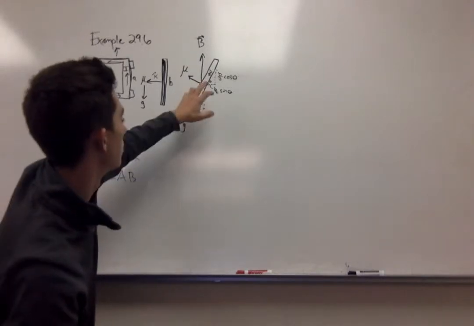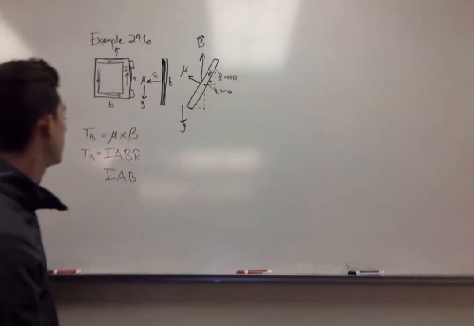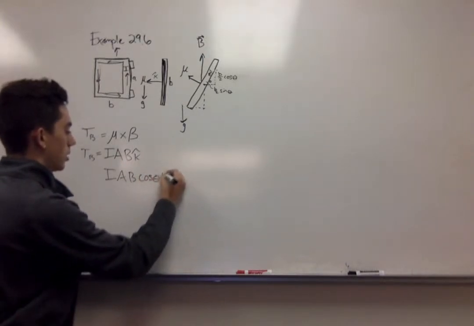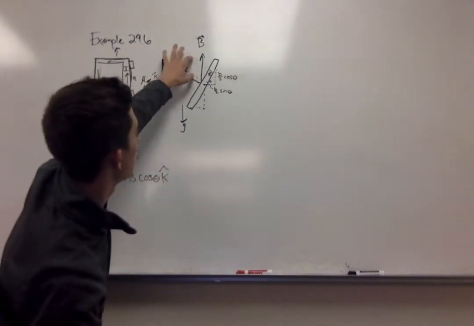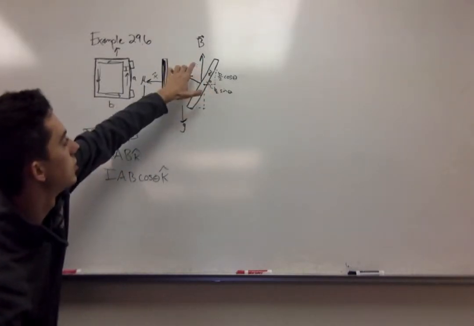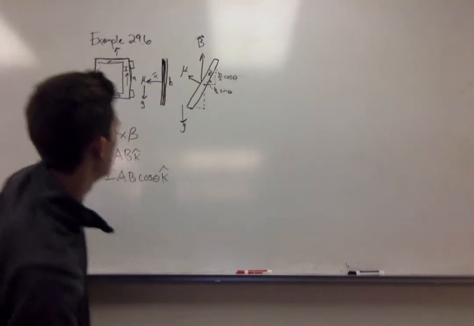We want to look at the cosine theta length of B. So we'll put cosine theta to chop this up into the area where it's just pointing up, down that way.